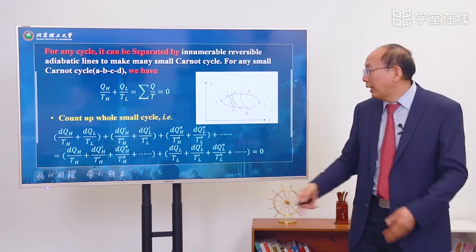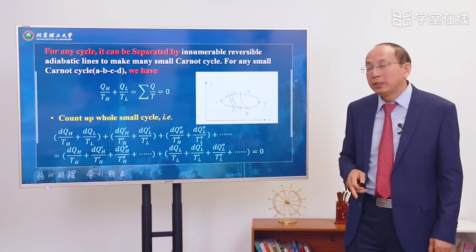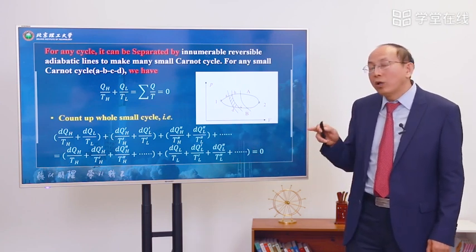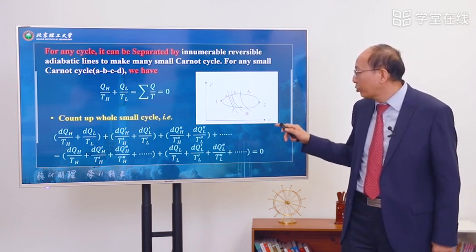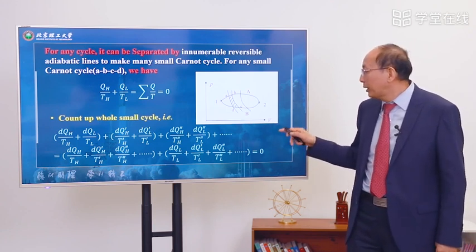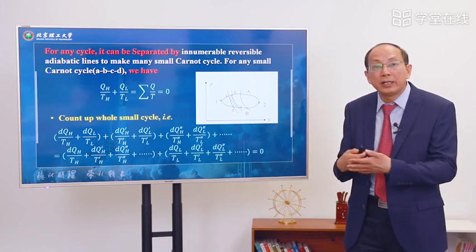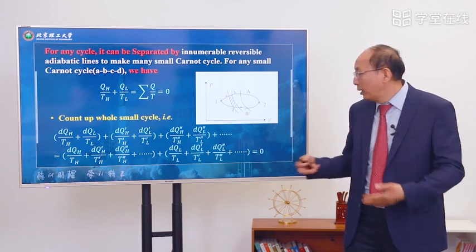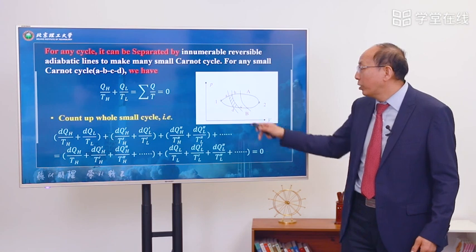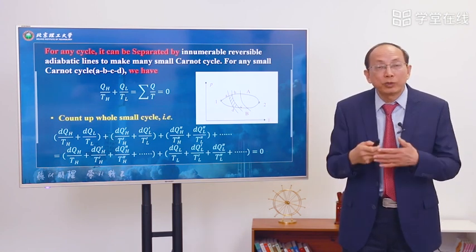And at the low temperature, dQL over TL, dQL prime over TL prime plus dQL 2 primes over TL 2 primes together. The sum of them together is also 0, because any small Carnot cycle is reversible.